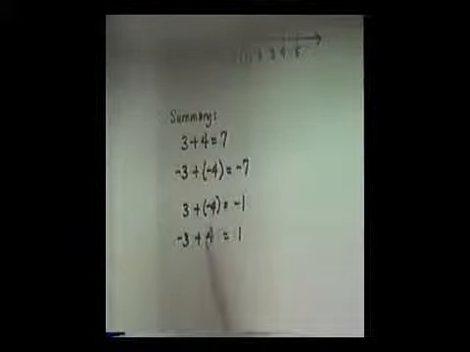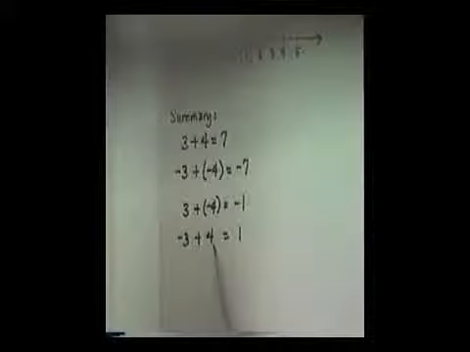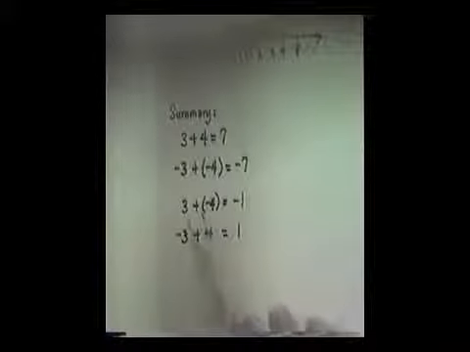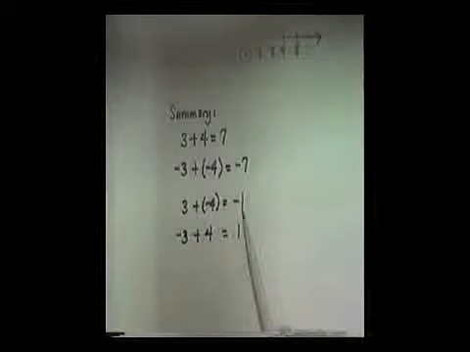In these two examples, the two numbers are going in different directions, and their results are subtracted. That is, we subtract the absolute values to get the size of the number that's our result, and the one that dominates, the one that has the greater absolute value, is the one whose sign stays with the answer.